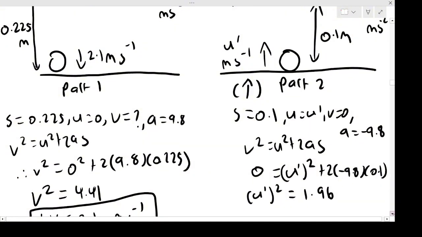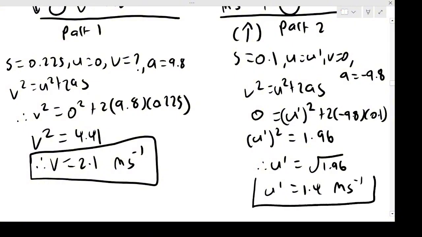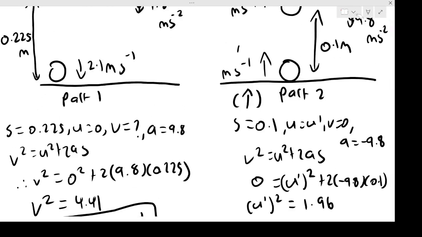Then I can root that to say that U dash is going to be 1.4. And that is my speed there. So I can add that on. So it rebounds with speed 1.4.